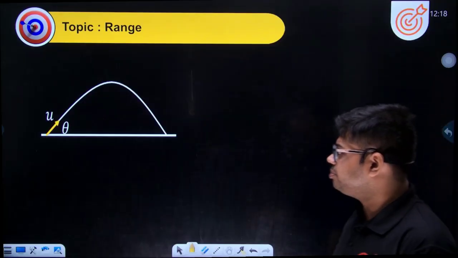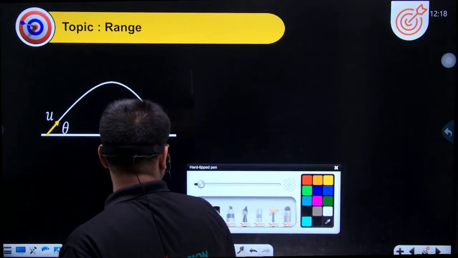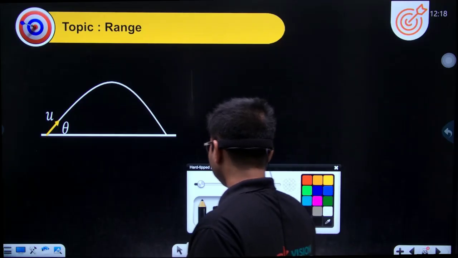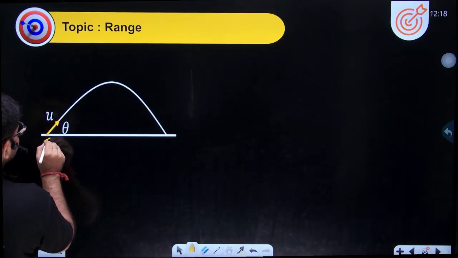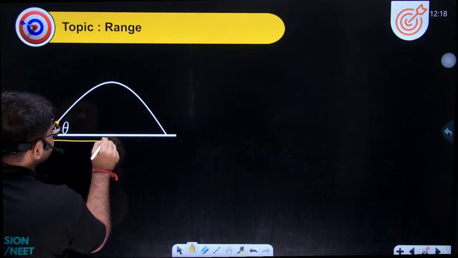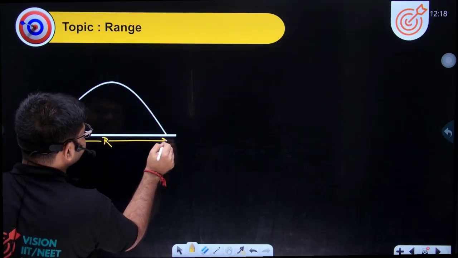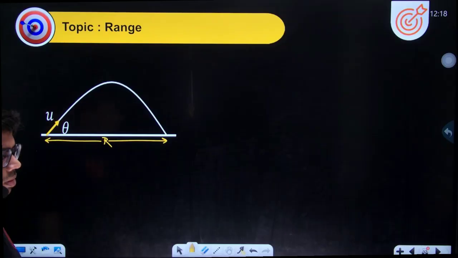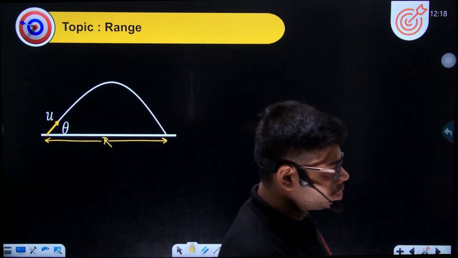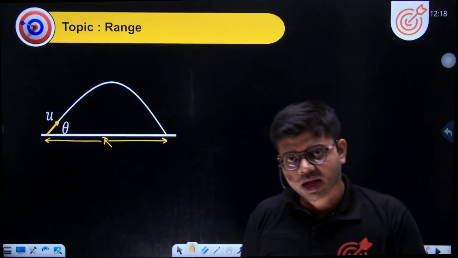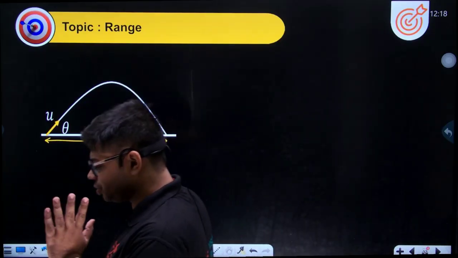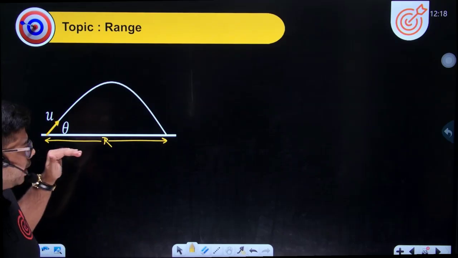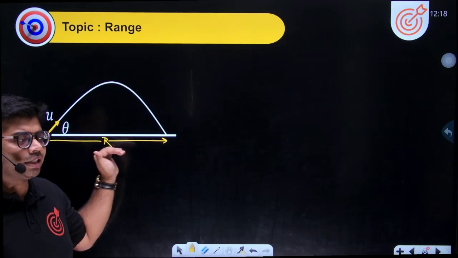Now let us see what is the range. We will see what is the range. Range means they are asking about this. है ना? So think how to find out the range. So range is covered in which direction?